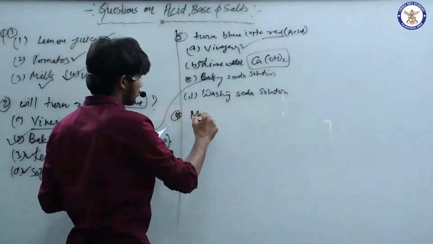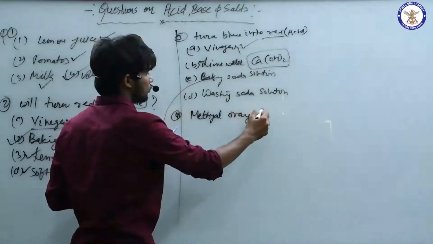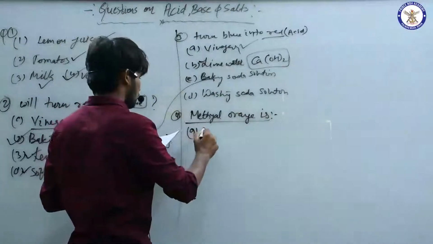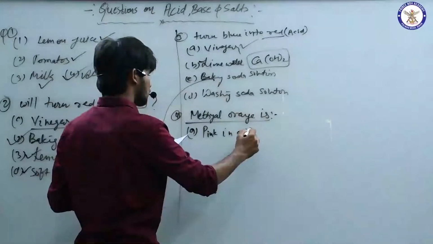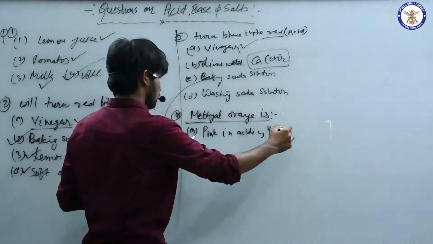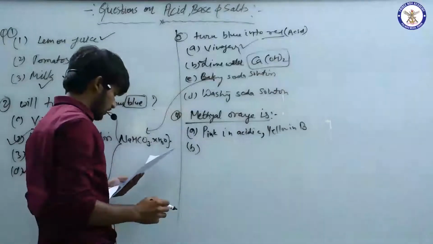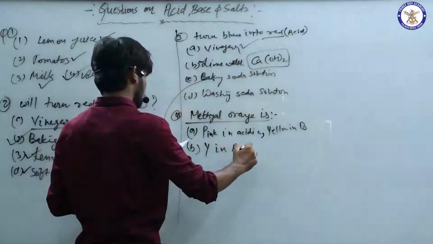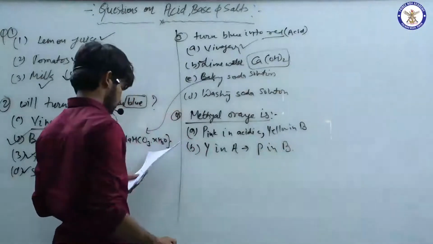Okay, next one is very important. Methyl orange is what? First one, pink in acidic and yellow in basic. See carefully, yellow in acidic, pink in base.